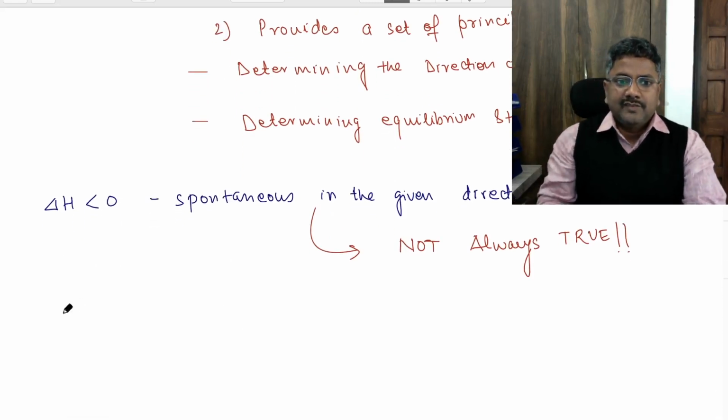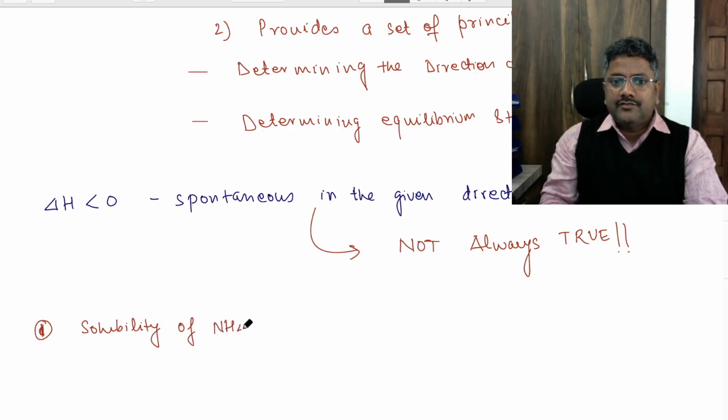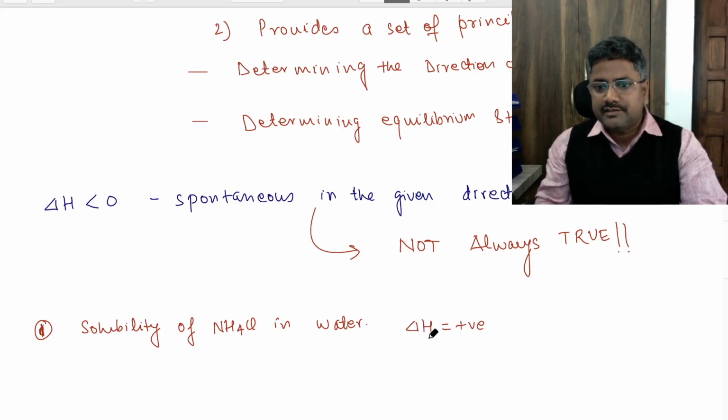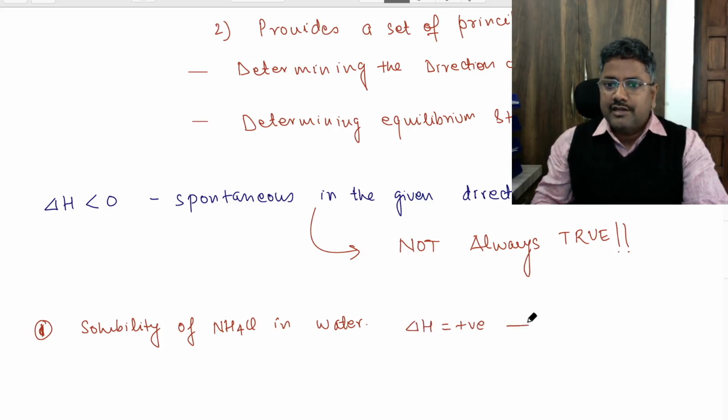For example, first case, the solubility of NH4Cl in water, right? Delta H is positive for this dissolution process, but it is spontaneous.